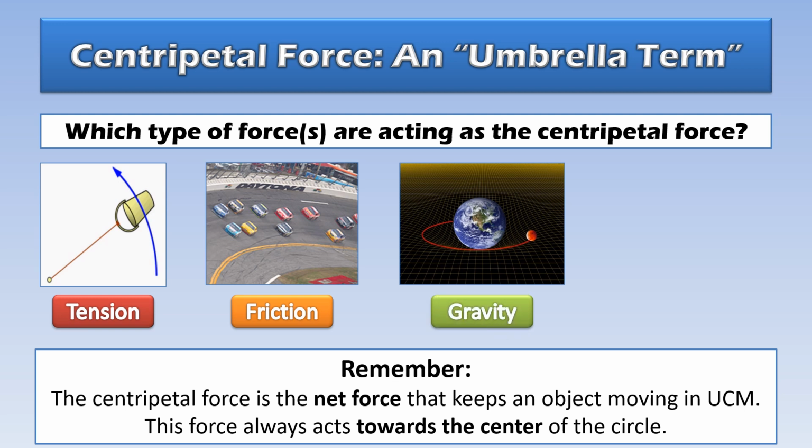You probably guessed it's gravity. And hey, we know that Fg is equal to Gm1m2 over r squared. And we also know that the centripetal force is equal to mv squared over r. Wow, so that's some really cool fun that we could have when talking about centripetal force and gravity, when gravity acts as that centripetal force.